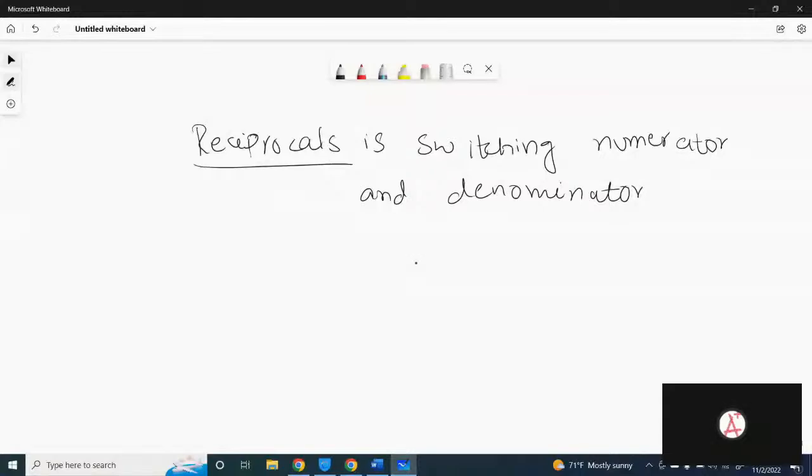For example, you have a fraction that is 4 over 5. So its reciprocal is, you have to switch both of them. It would be now 5 over 4. Here it is numerator, but here it is denominator. That's what reciprocal means. You can say switching numerator and denominator, or interchanging.